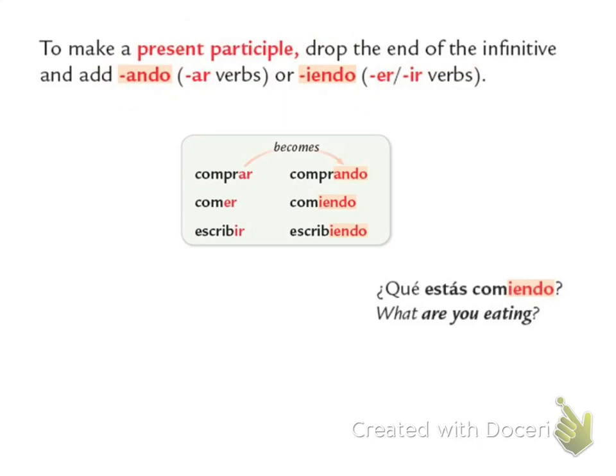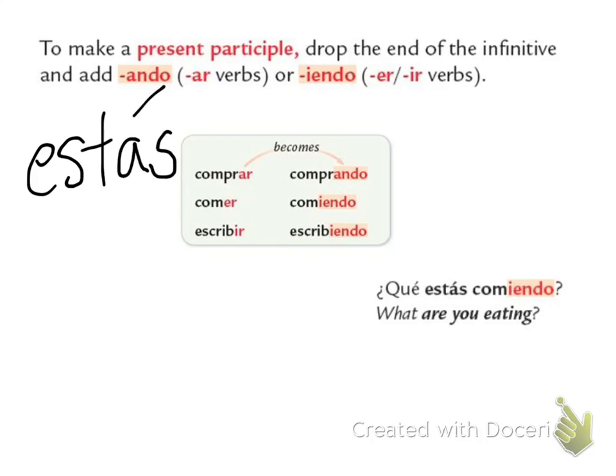Here we have 3 verbs, an AR, an ER, and an IR. Notice comprar. If I want to say that you are buying me a gift for Christmas, we need our form of estar, which would be out to the front. That would be you are, estás.